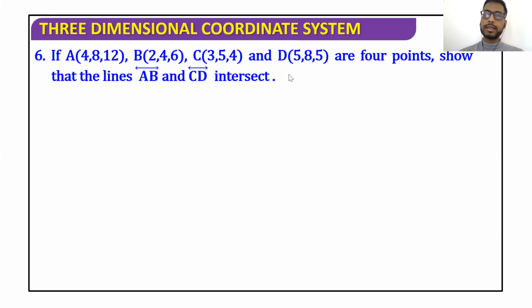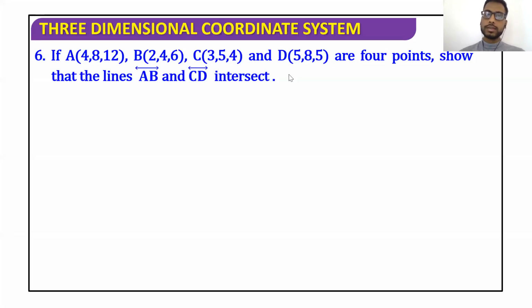That means Q divides segment CD and it lies on segment CD. And in my third step, I'm going to show that the points P and Q are actually one and the same point. So that means these points are lying on segment AB and also on segment CD. So segment AB and segment CD are going through the same point, which means that they are intersecting.